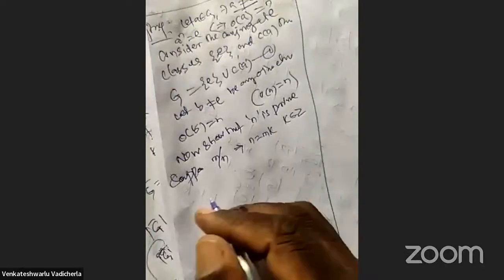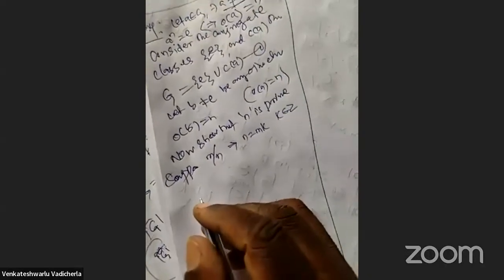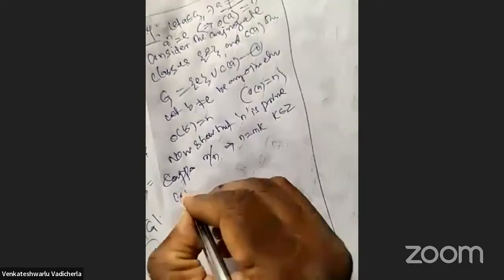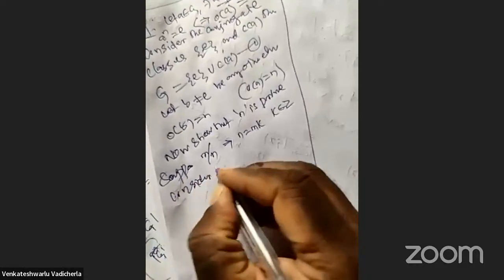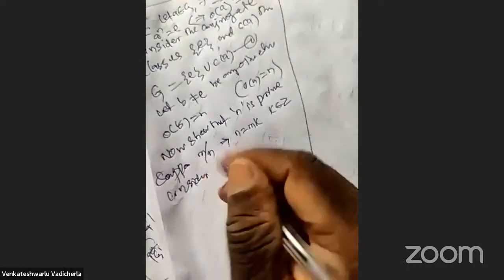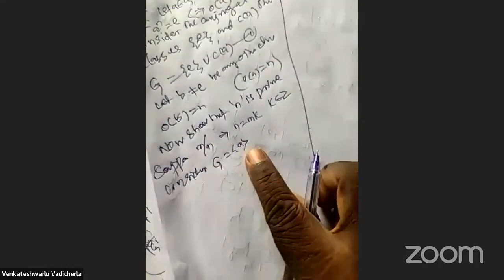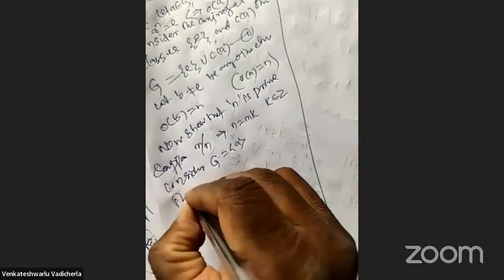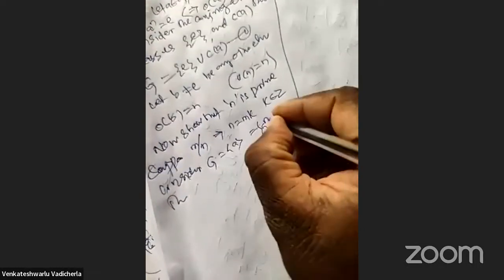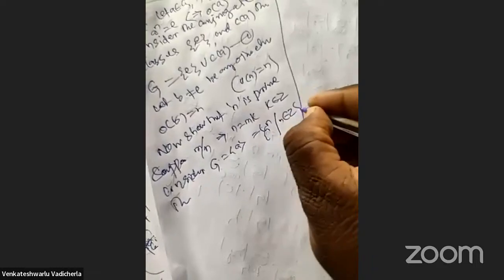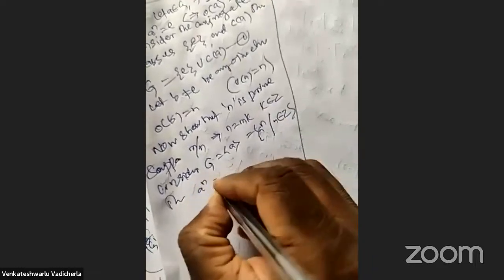So consider the cyclic group G generated by a. Then what is the structure of the cyclic group generated by a? It is a power of n such that n belongs to Z. So a power of n is equal to e.